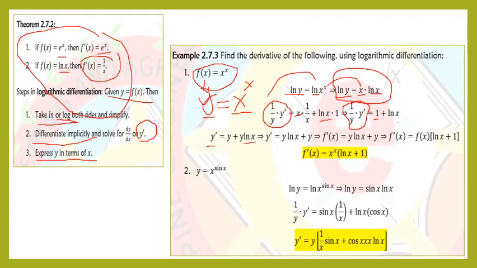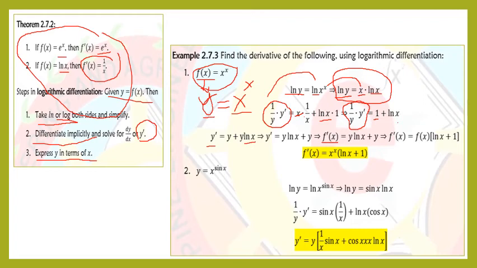Or, si y prime is magiging f prime of x, kasi ang ginamit dito na function is f of x man. So, kung yung ginamit na function is, ganun din yung gagamitin natin sa pag-derive. So, balik ko lang si y prime kay f prime of x, and then magiging y times ln of x plus y, and then si y natin is magiging f of x.